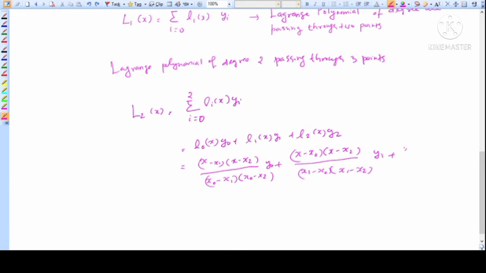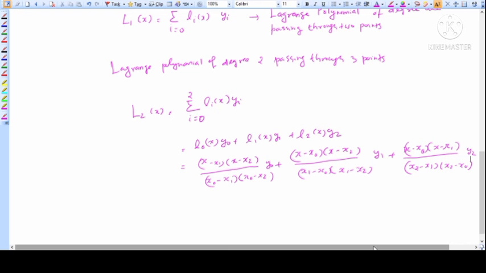What is the value of L2? It is x minus x0 into x minus x1 divided by x2 minus x0 into x2 minus x1, into y2.